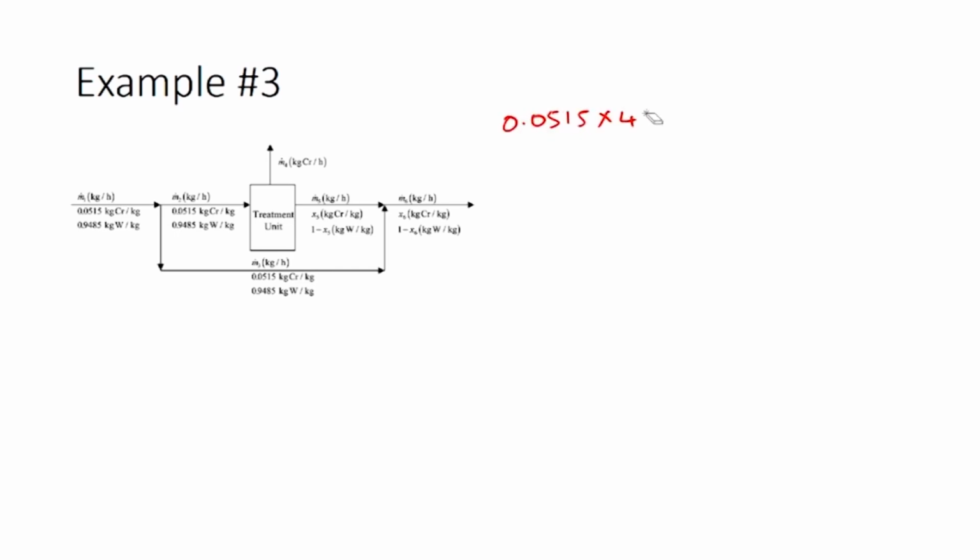0.0515 times 4500 equals 220.2 plus X5 M5 dot. We can also write a total balance for the treatment unit, which would be M2 dot equals M4 dot plus M5 dot. We already know M2 and M4.